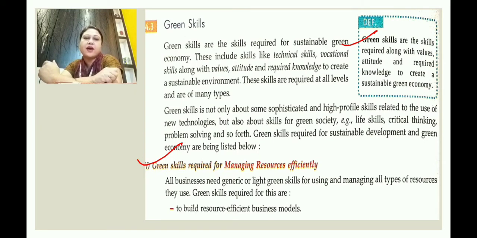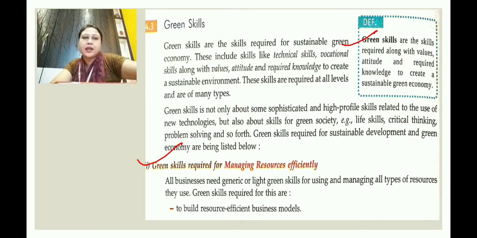The first one we have here is green skills which are required for managing resources efficiently. That means all the resources which we have should be managed efficiently. And for that, what green skills we require is that all businesses need generic and, at the same time, light green skills for using and managing all types of resources. And these are to build resource efficient business models.